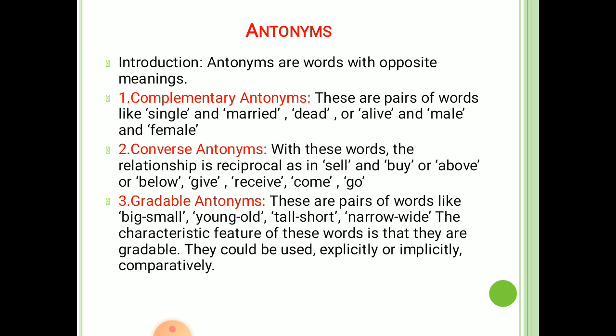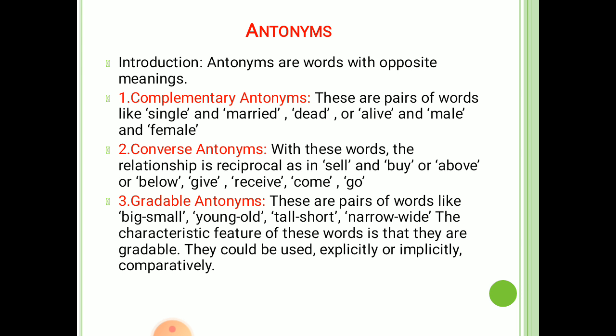These are pairs of words like single and married, dead and alive, and male and female. In such antonyms, the denial of one word implies the assertion of the other. The sentence Smita is not single implies Smita is married. Smita is married implies Smita is not single.